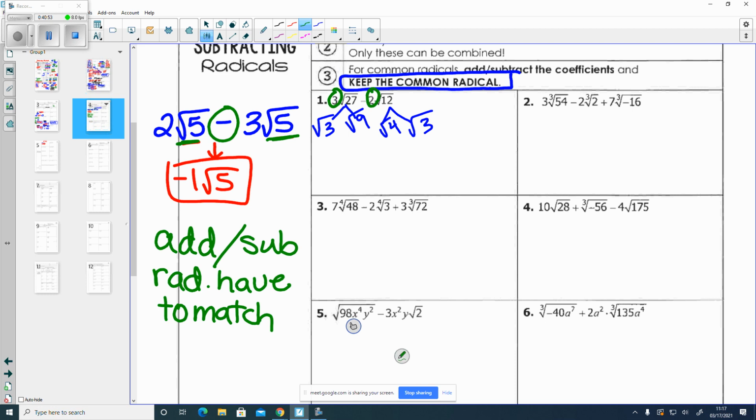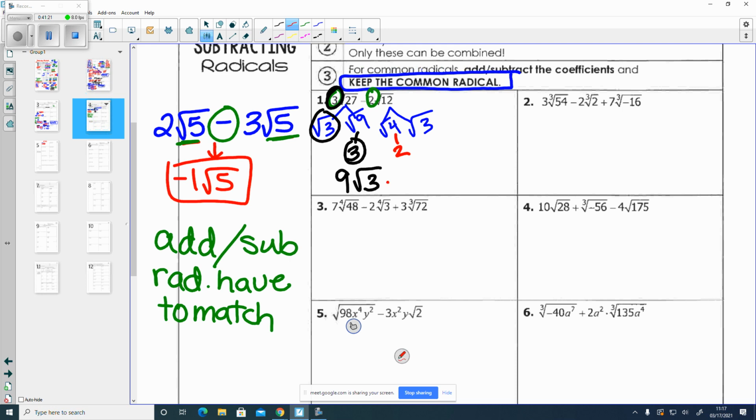Okay? So what is the square root of 9? 3, times the 3 that was already here. So I'm going to have a 9 square root of 3. Over here, what is the square root of 4? 2. 2 times 2 is 4, though.